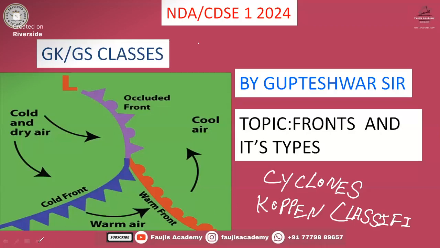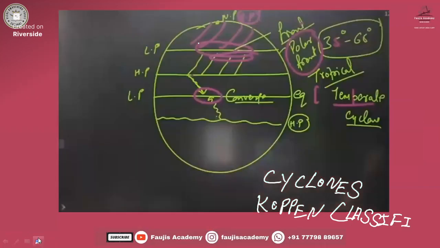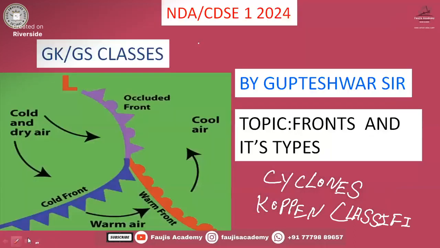So now today we will start with the fronts and its types. Fronts means what? Before studying the fronts, you all must know about the cold air mass and warm air mass. About the cold air mass and warm air mass we studied yesterday.